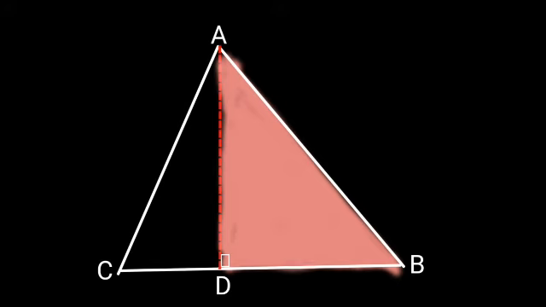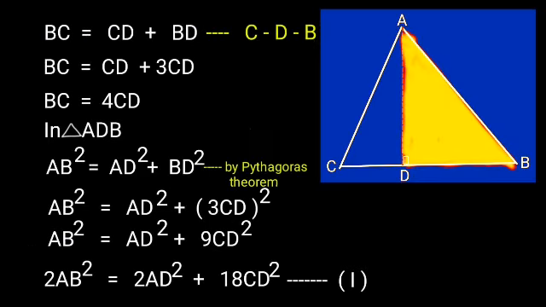That is BC is 4 times of CD. Segment BC is equal to CD plus BD because D is a point between points B and C. Hence BC is equal to CD plus BD, which is 3 times CD. That is BC is equal to 4 times CD.